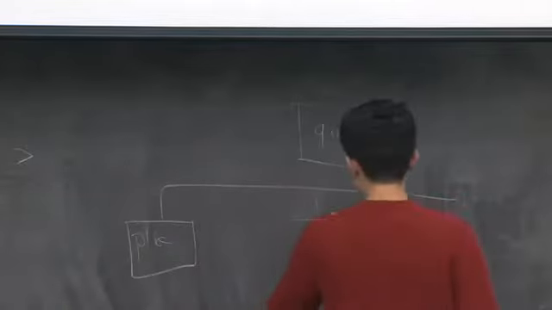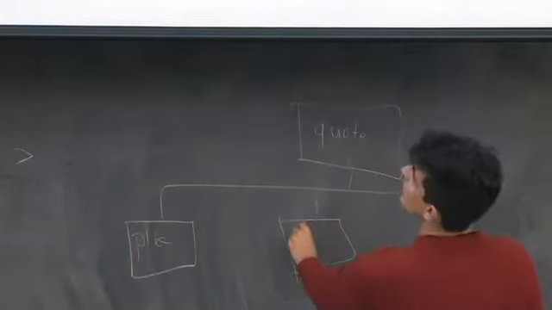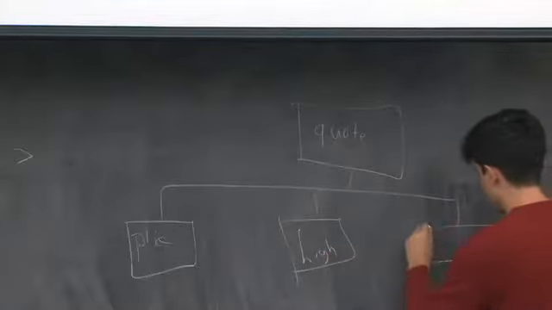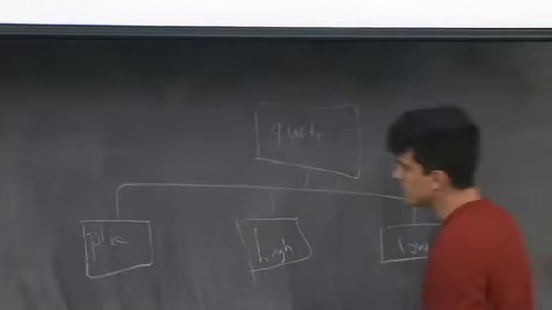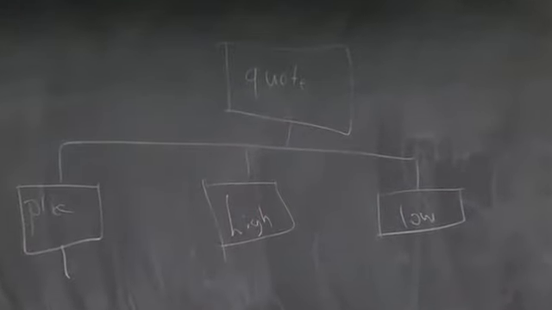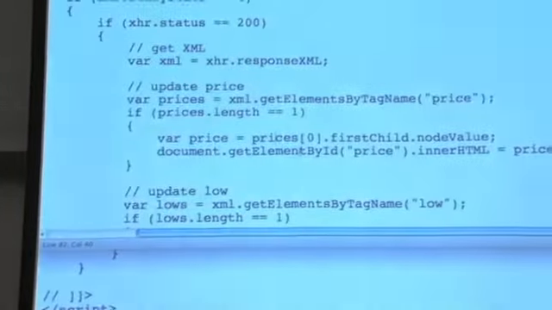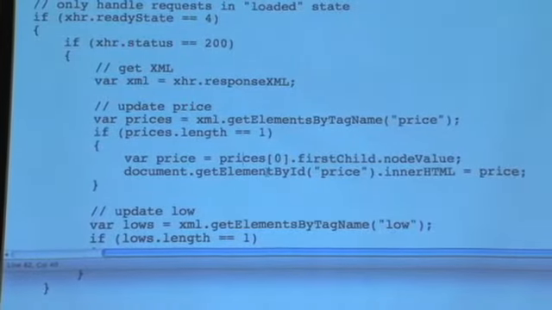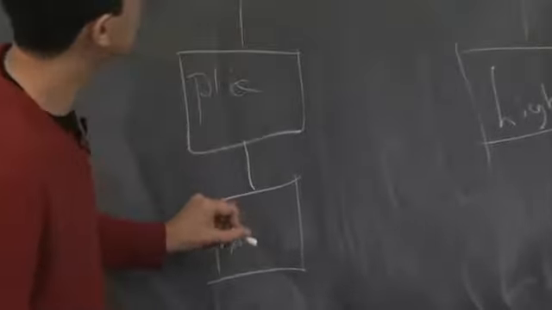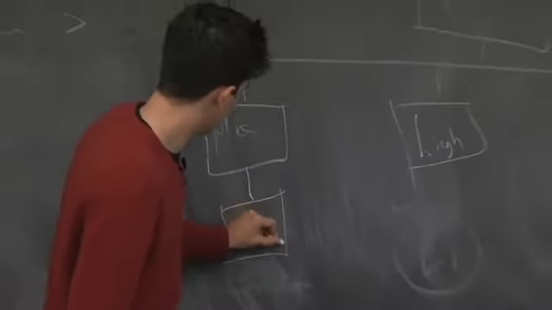Then we have another one called low, and another called high. These elements have within them some text values. So notice that we have some constructs going on here. There's one child here, and it has a text value of, I think, 300 something.